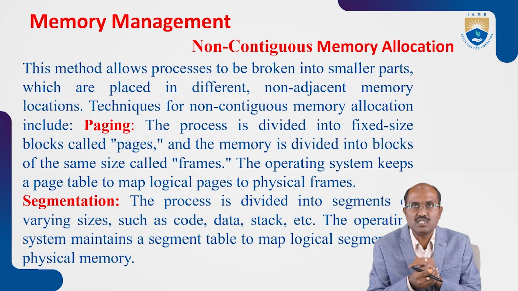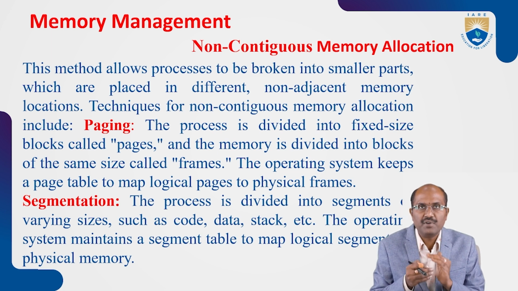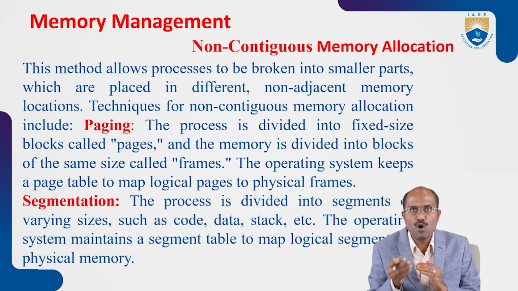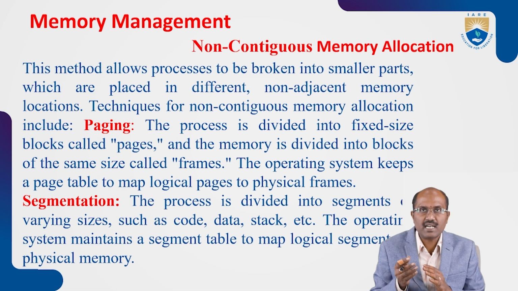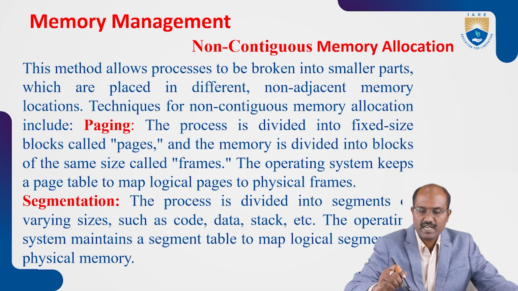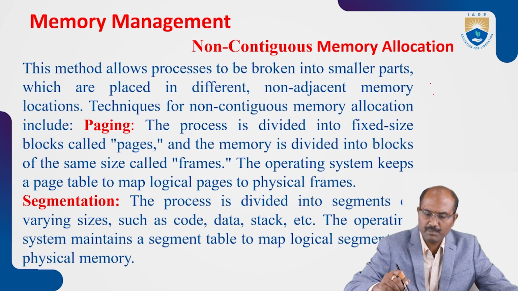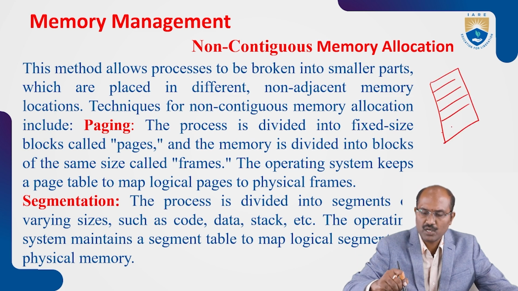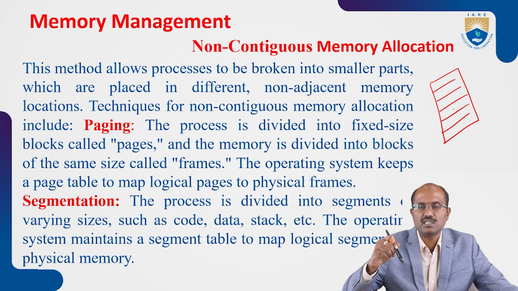In segmentation, the process is divided into segments of varying size, such as code, data, and stack. I'm explaining this with a pictorial representation. Memory can be divided into partitions called pages and frames, and the page size and frame size should be the same. Segmentation does not depend on equal partitions.